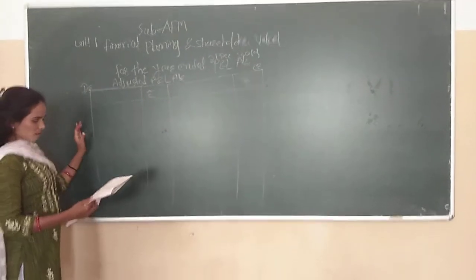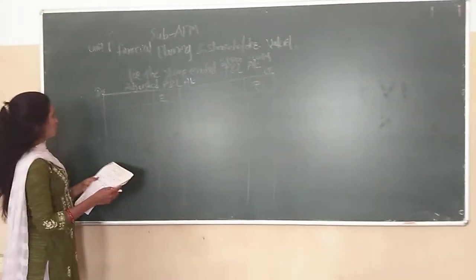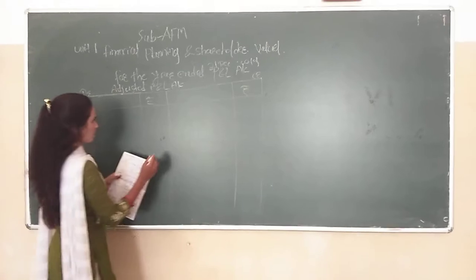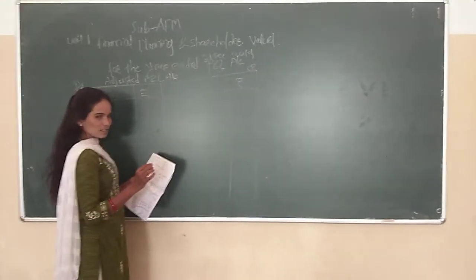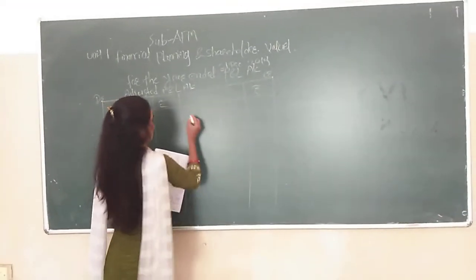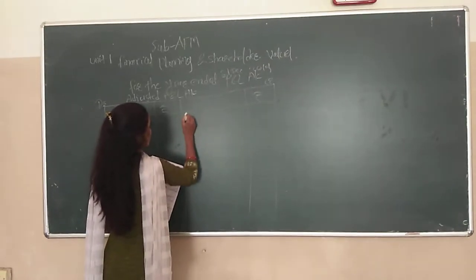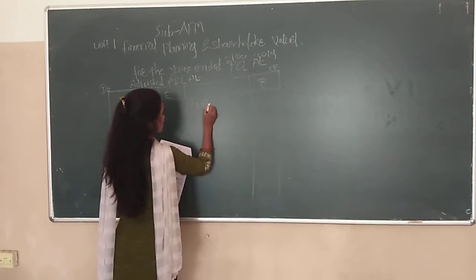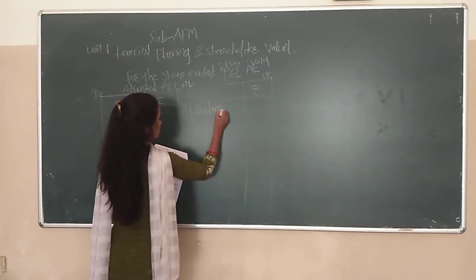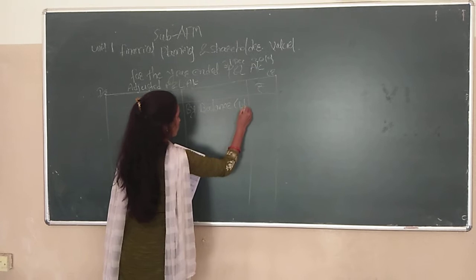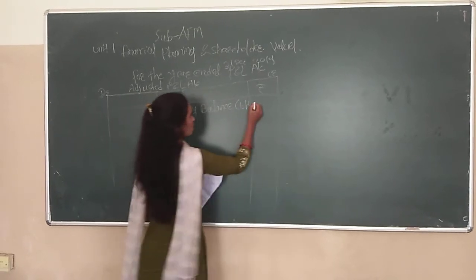Okay. For the adjusted profit and loss account, the credit side shows the balance. The last lecture discussed the balance sheet for the year ended 2018. By balance brought down, 1 lakh.